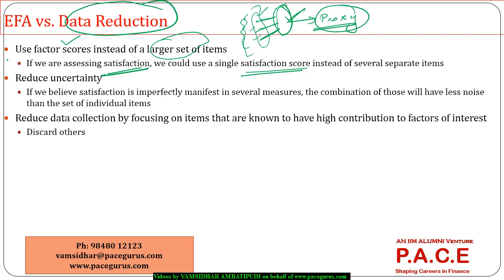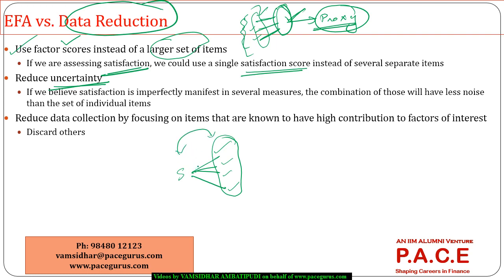So there is a lot of dimension reduction happening. It can even result in uncertainty reduction. Just think that satisfaction is linked with various variables, right? So instead of talking of each of these variables separately, I take some linear combination of all these, because it's not a scientific relationship between the two.